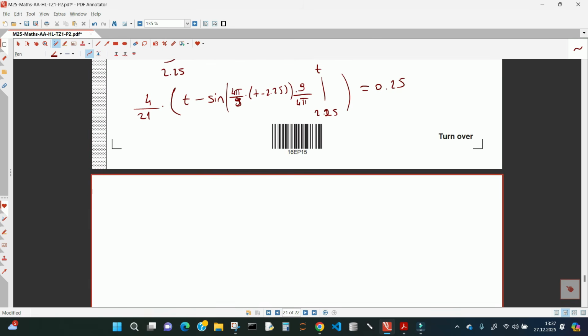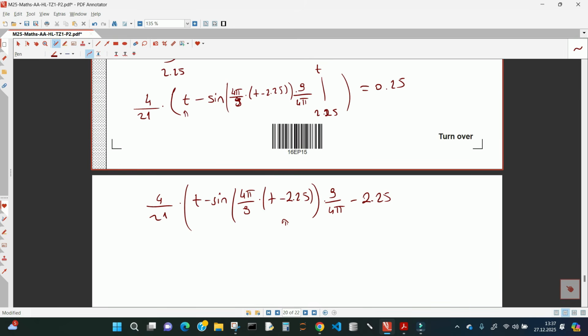For example, when you substitute t, it's already gonna be the same: t minus sine in parentheses 4 pi over 9 times t minus 2.25, times 9 over 4 pi. But when you substitute 2.25, you will see that from here it's gonna be 0. In this case, you will just subtract 2.25, which you replace here.